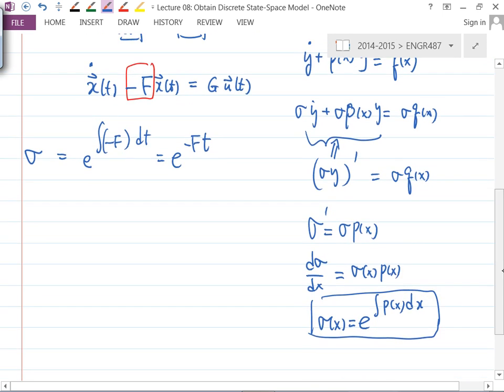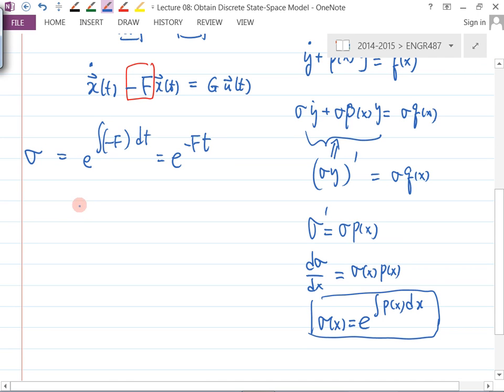What do you call that again? It's called the state transition matrix, right? Ring a bell? No? Really? Okay.